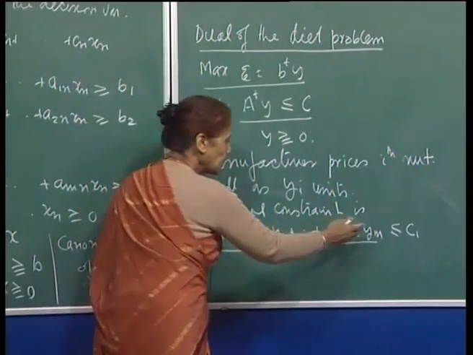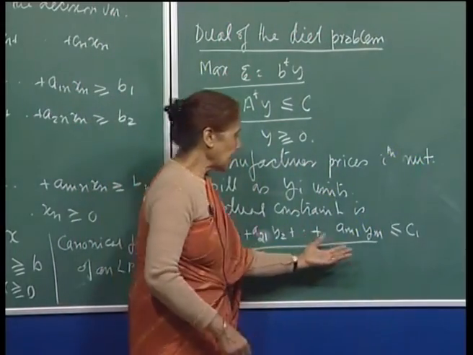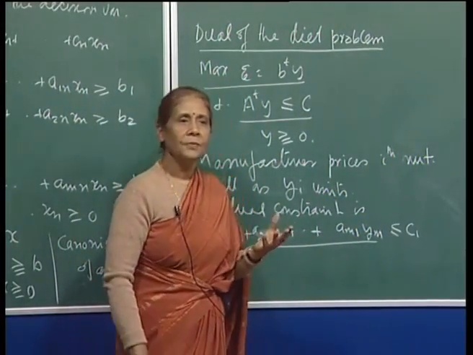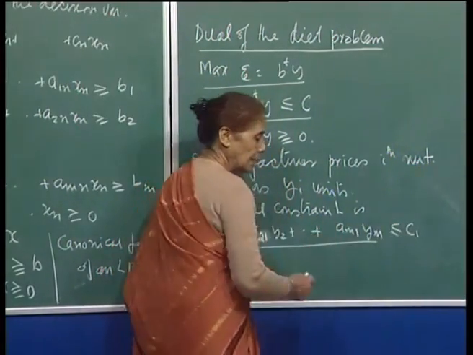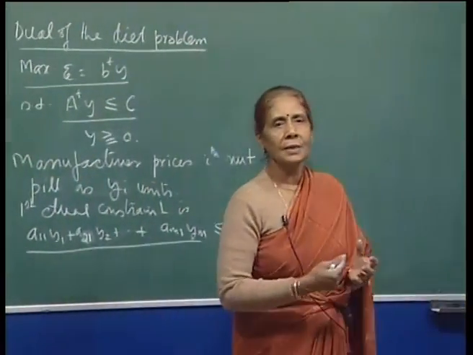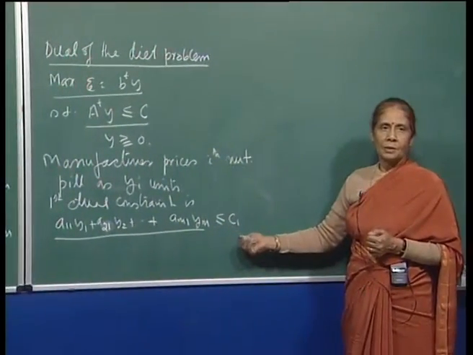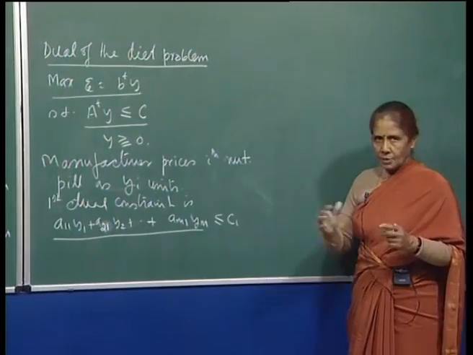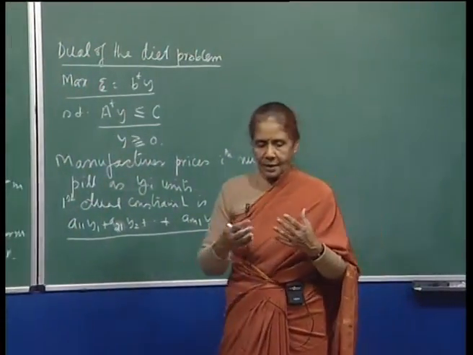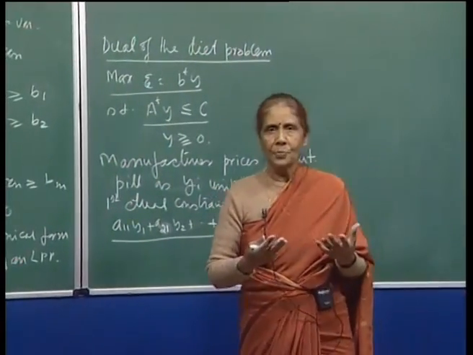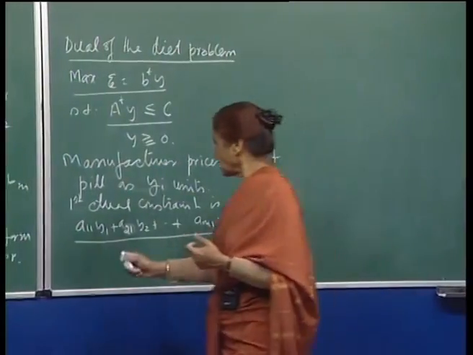So, the total worth of the first food is this much, and obviously this cannot exceed C1, the price of the first food in the market, because if it exceeds C1, then why would the housewife be interested in going for the pills rather than the food? Okay, this is the kind of argument that you are making, just to help you look at the other side of the linear programming problem. And so, this gives you C1, and similarly the other constraints.